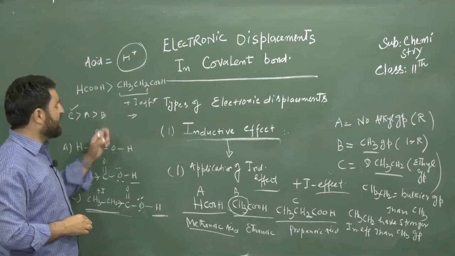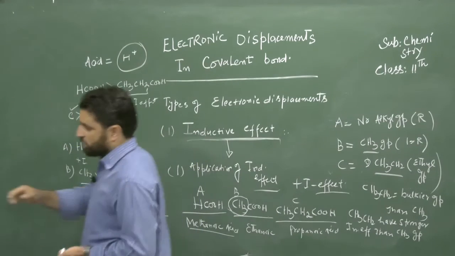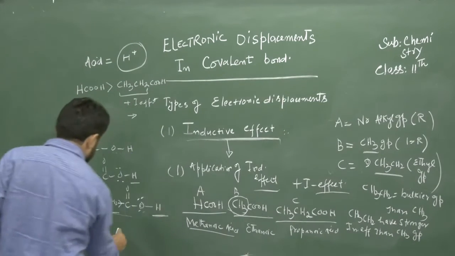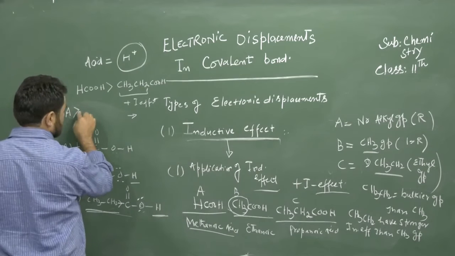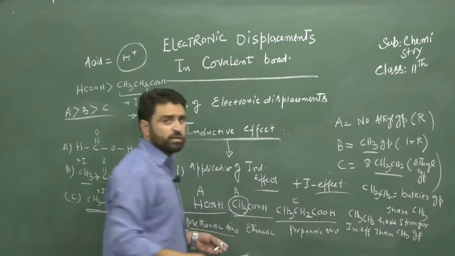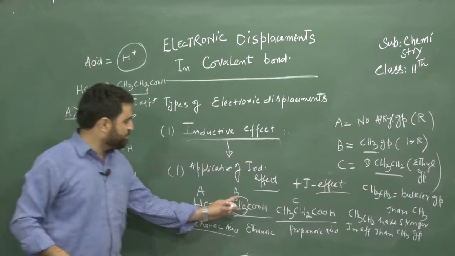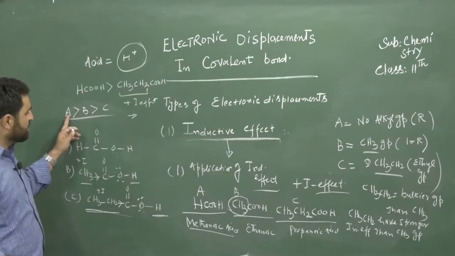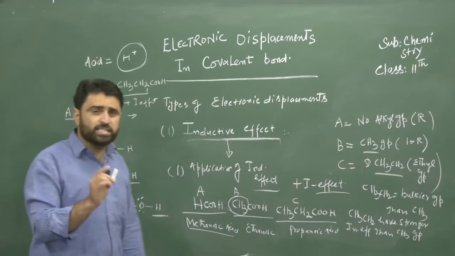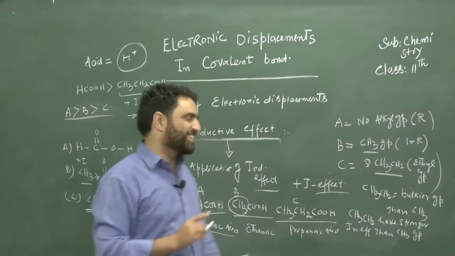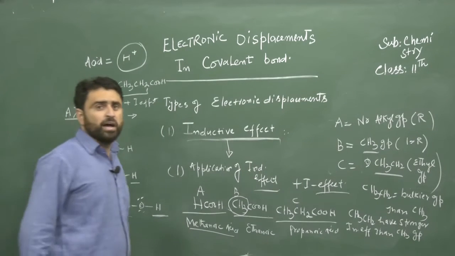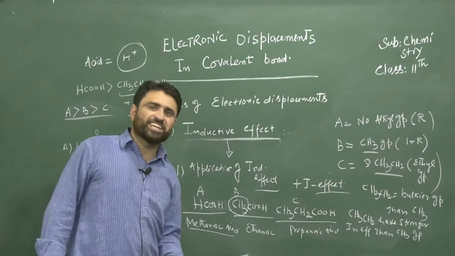The order is A, then B, then C. The weakest acid is propanoic acid, because it contains an ethyl group which has a stronger plus I effect.